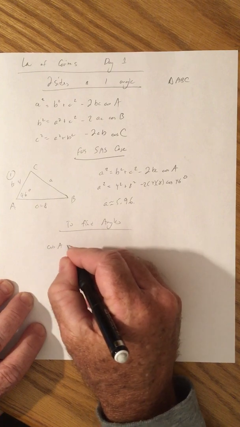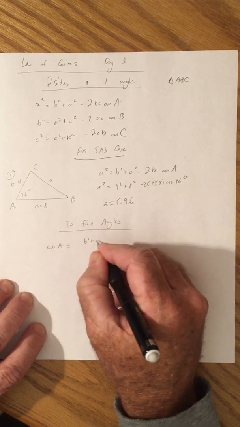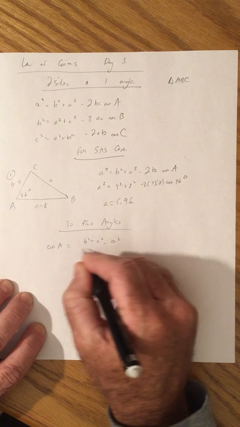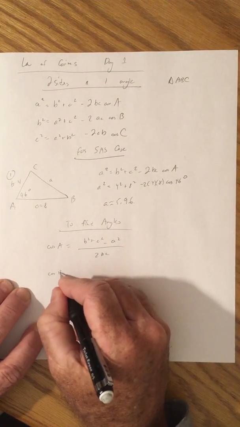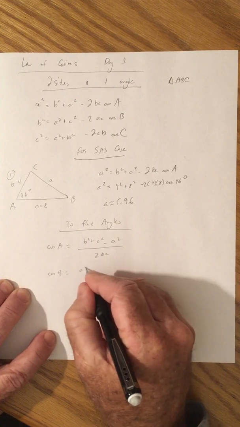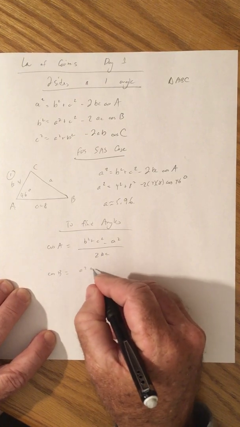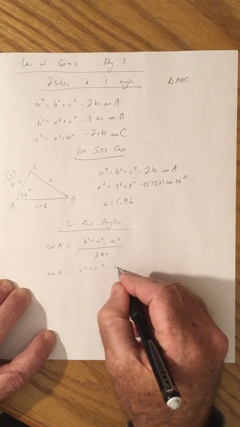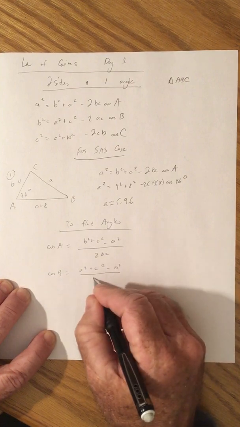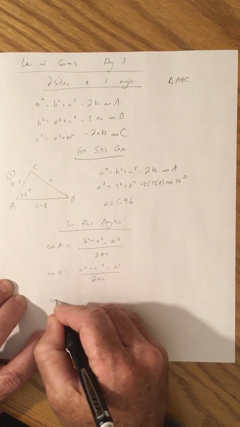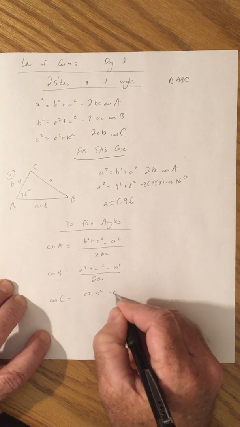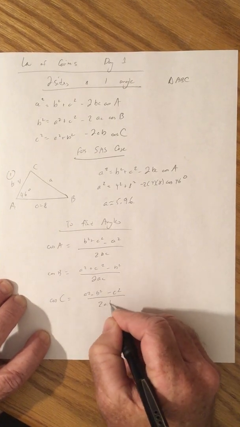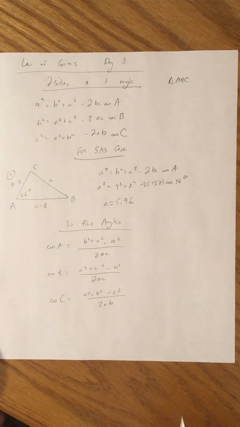Cosine of A is equal to B squared plus C squared minus A squared over 2BC. And similarly, there's a pattern for cosine B. Okay, so any one of these.